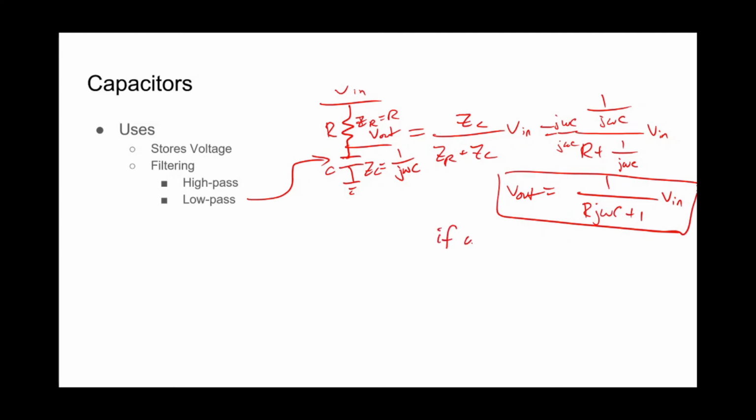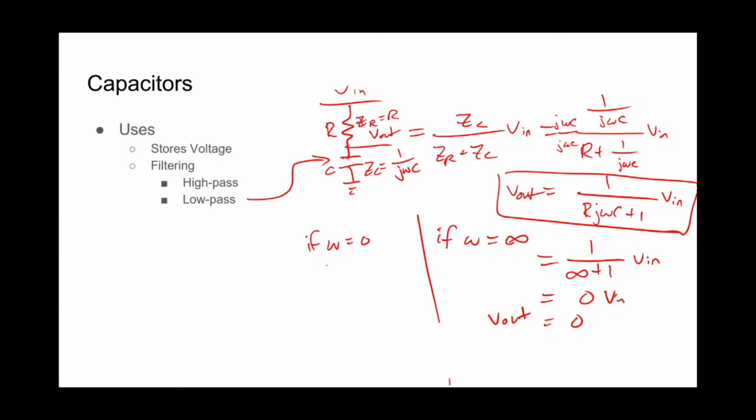If omega is large, we get 1 over infinity plus 1 times V in, or in other words, 0 times V in, or just 0. So V out equals 0, ultimate attenuation. However, if omega is very small, like 0, V out equals 1 over 0 plus 1 times V in, or in other words, V in.